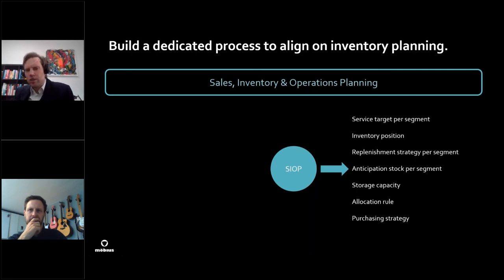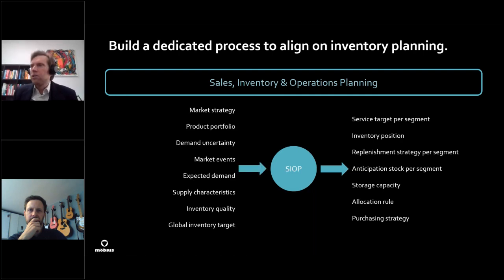What do you need to take those decisions? Well, you'll need, of course, market information and supply information. So market information you would need in your process is the market strategy, right? And especially changes in the market strategy. Are we changing the way we want to approach the market? Are we changing the product portfolio and the importance of certain parts of the product portfolio? But of course, you will also take into account supply characteristics, changes in terms of supply.